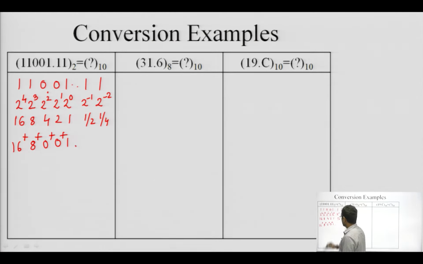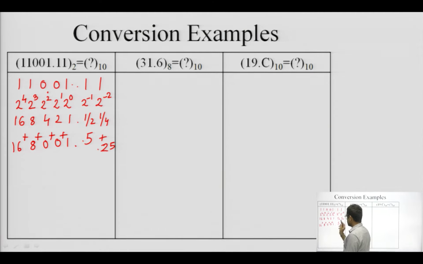Then placing the fractional point at the same position, 1 into 1 by 2 is your 0.5, and this 1 into 1 by 4 is 0.25.